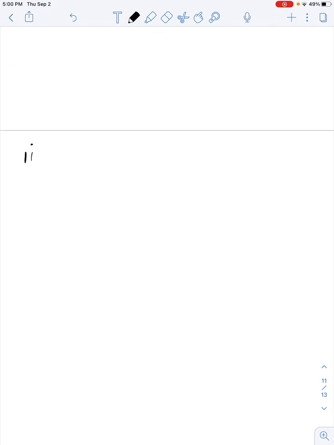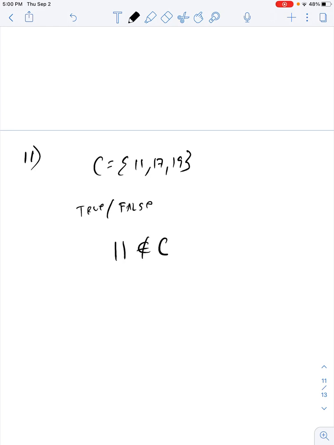Number 11 here tells us that this set C has elements 11, 17, and 19. We want to know if this is true or false. So it's just being able to read this.